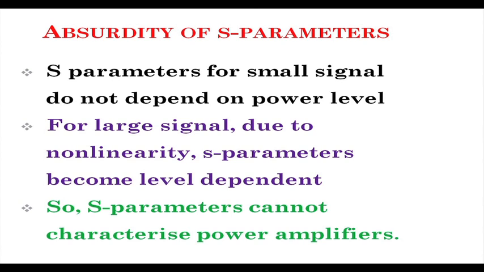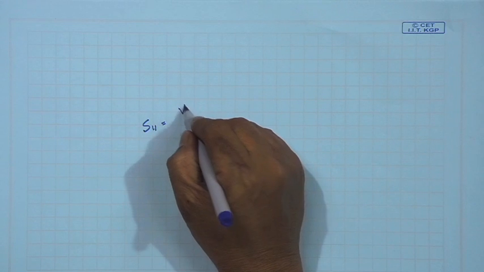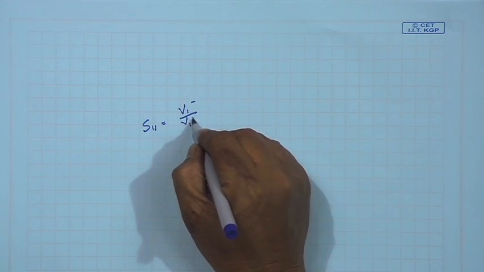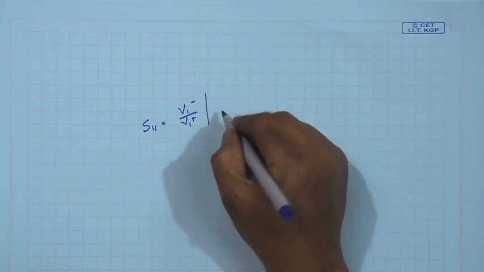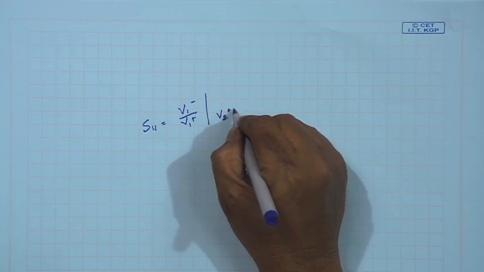So, if it becomes signal dependent, suppose I write S11 is equal to V1 minus by V1 plus when V2 plus is 0.